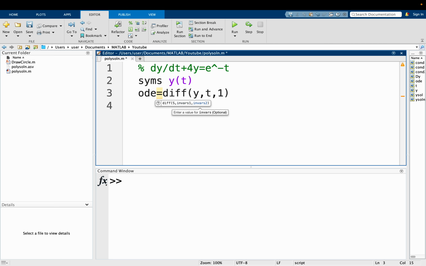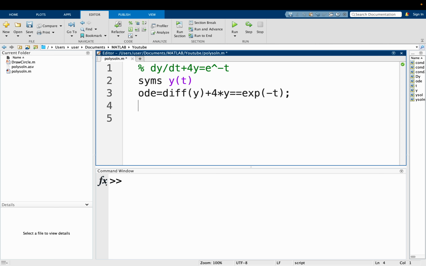But for first degree, you can just leave it as diff(y), and by default MATLAB will know you mean the first degree. So I will also have plus 4 times y, and then is equal to exponential of minus t. So this is my ODE.